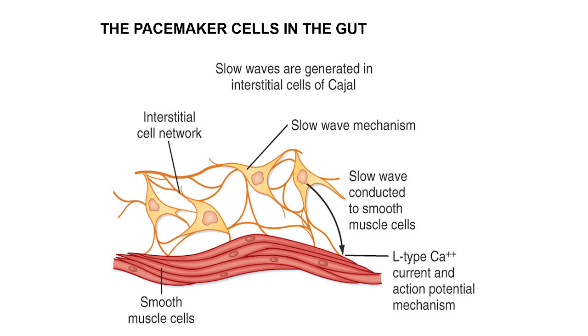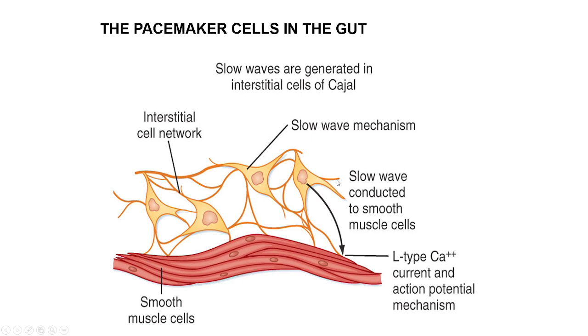They are pretty much never in a complete state of rest. Because they have these funny sodium channels, the channels open and their membrane potential is never completely at rest.